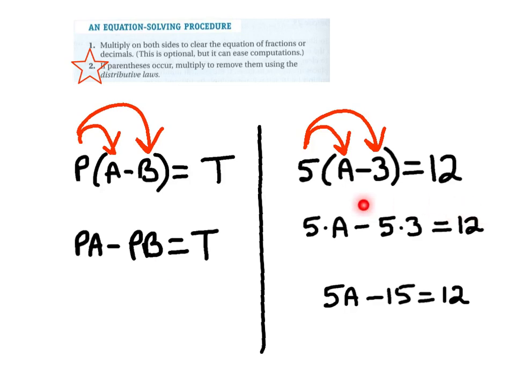In the simpler expression, we can go one step further and simplify a little bit more, because we know that 5 times 3 equals 15. But in this situation, we don't know what p, a, or b equal, so we're simply left with the expression pa minus pb equals t. And we have eliminated those brackets.